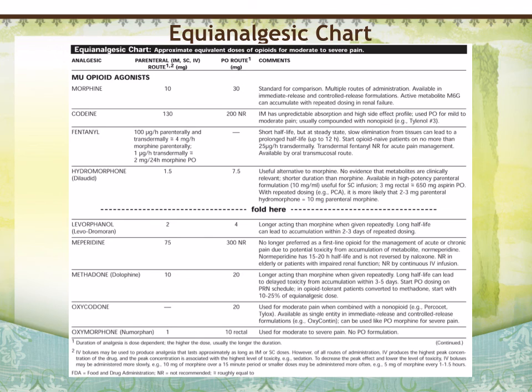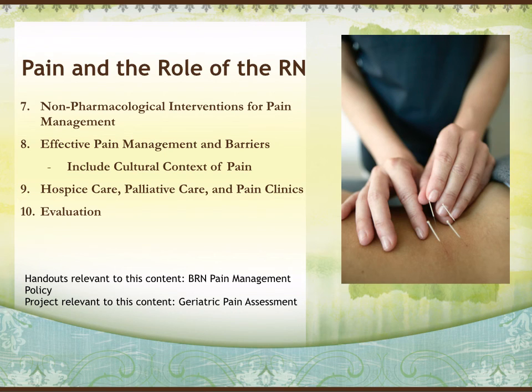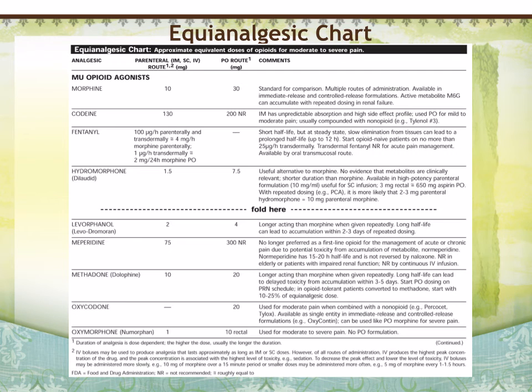Now it says that 10 milligrams of morphine is equivalent to 30... Oh my god, I'm not able to see this properly. It's a very small chart.